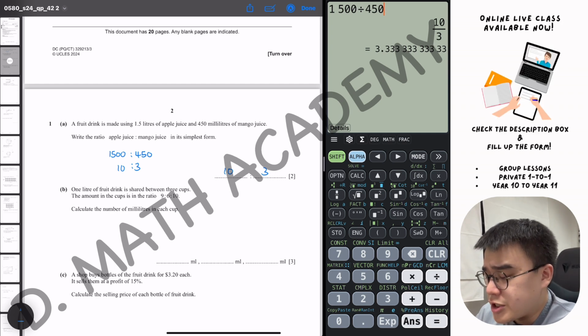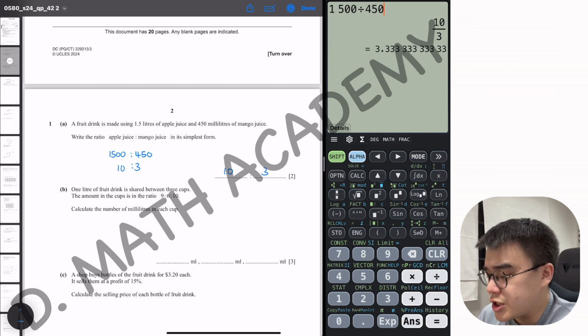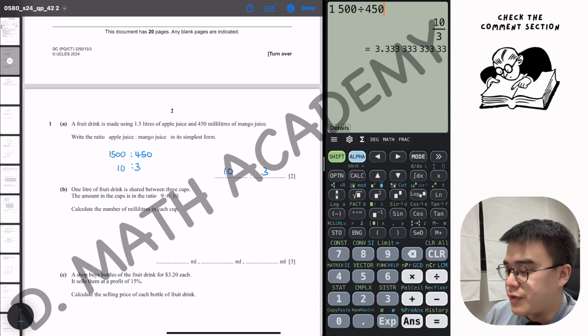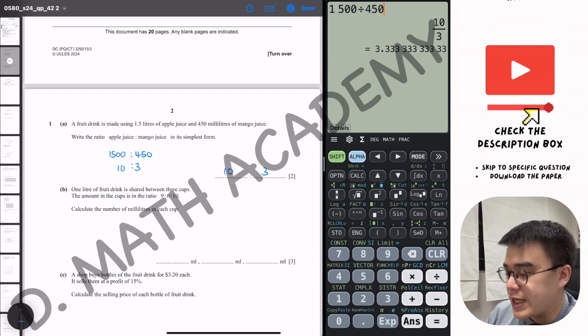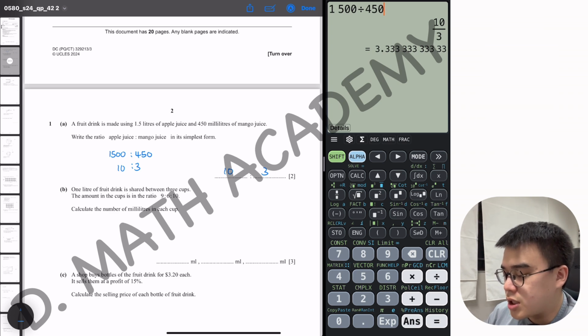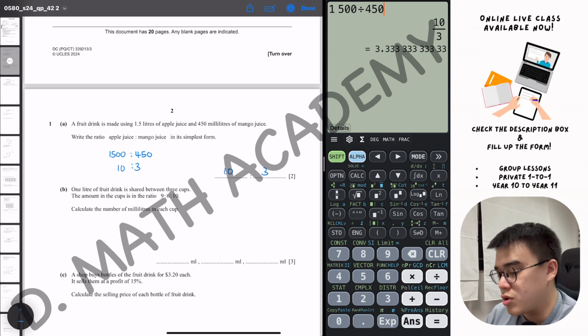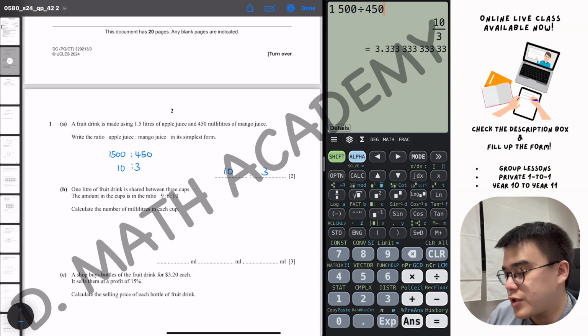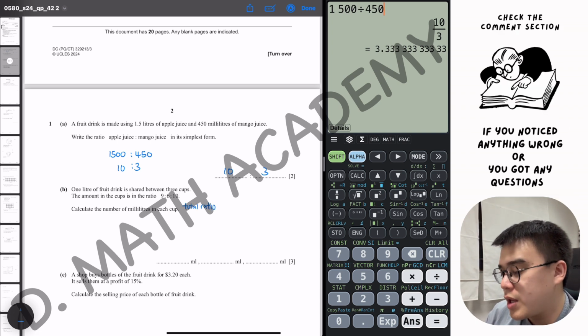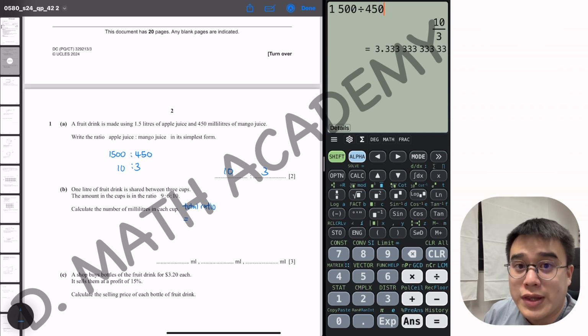And then they mention about 1 liter of fruit drink is shared between 3 different cups. The amount in the cups is in the ratio of 9, 6, and 10. Find the milliliters in each cup. So what you're going to do is to find the total ratio first, which when you add all of them up, it should result in 25.